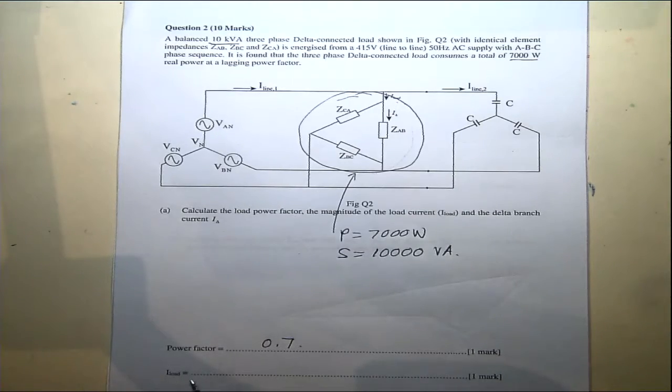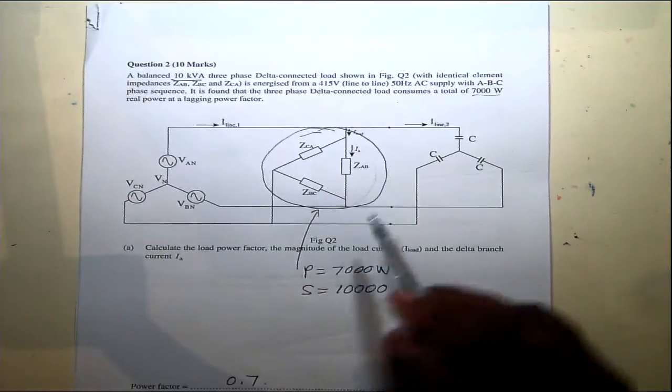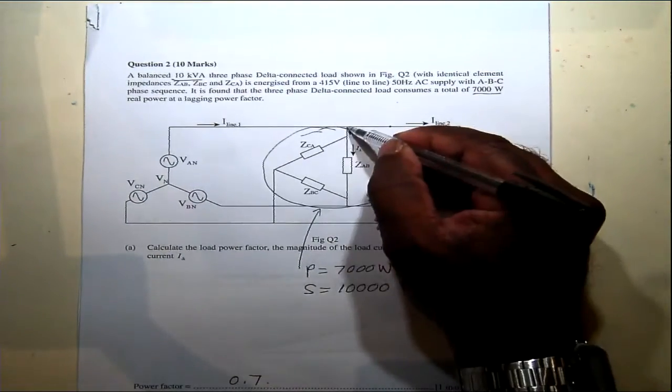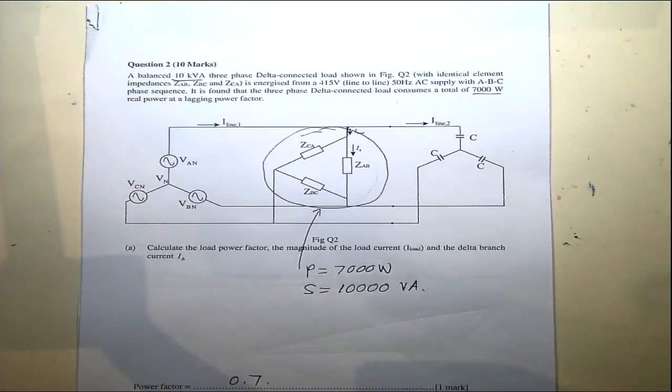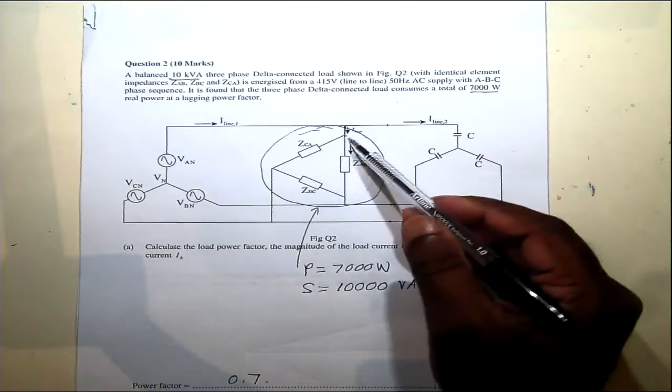And then we have to figure out the load current. That's the magnitude of load current, I load, the current supplied from the line to the delta terminal, and the delta branch current.